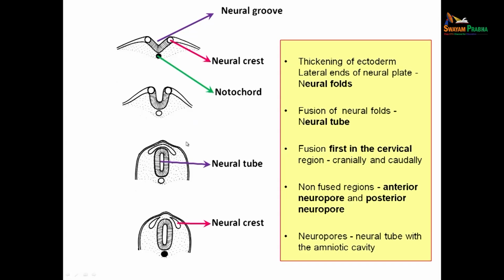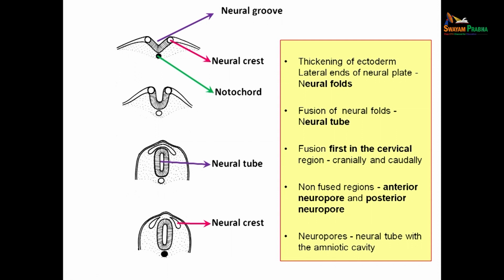At the cephalic region you call this the anterior neuropore, and at the caudal region you call it the posterior neuropore. Why do you get the neuropores? Why is this not getting closed all of a sudden? The neuropore will take the amniotic fluid from the amniotic cavity into the neural tube in order to nourish it. Imagine if the neural tube were closed all of a sudden, the amniotic fluid would not be able to enter the neural tube.